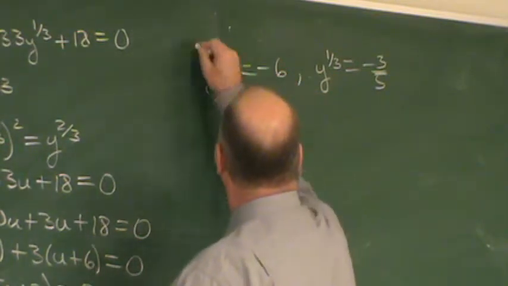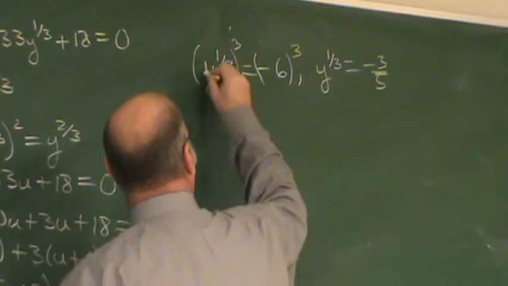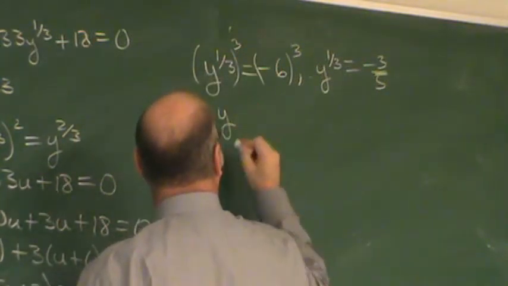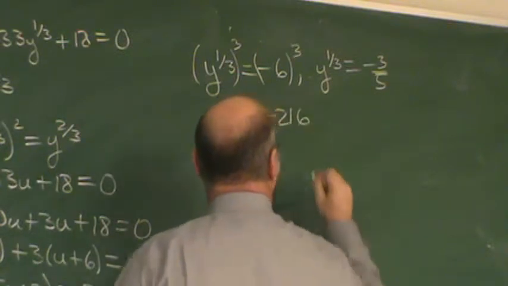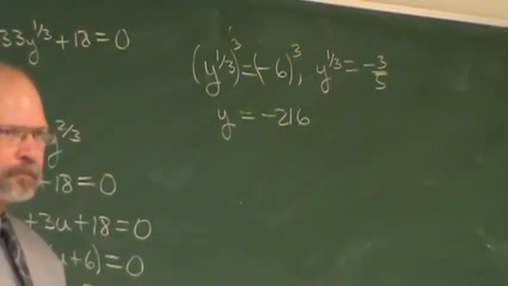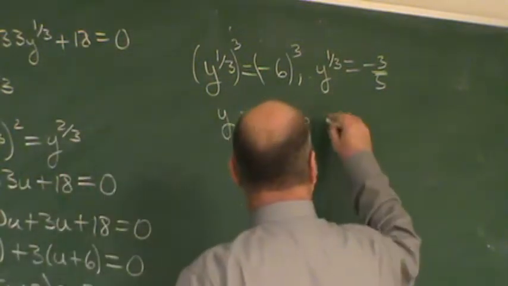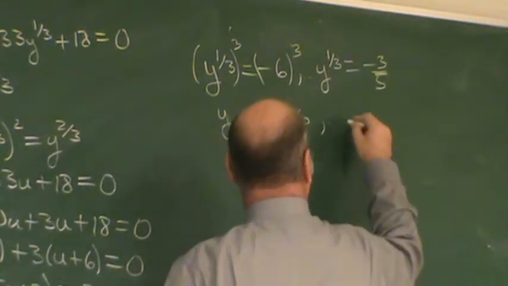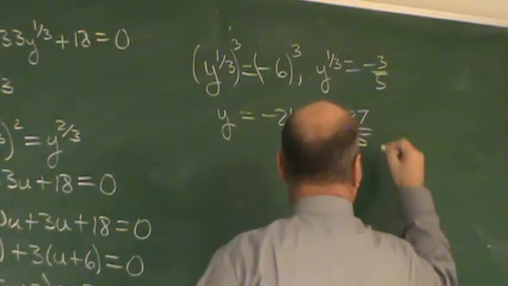We'll take this up to the third and take this up to the third. y to the 1/3 raised to the third gives me y. Negative 6 to the third is negative 216. When I cube this, I get y. When I cube that, you get negative 27 over 125.